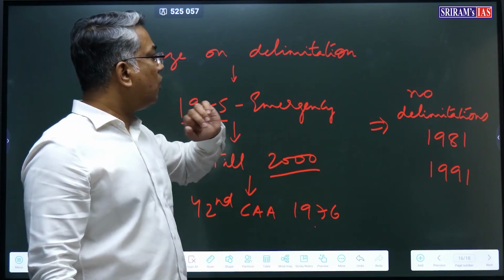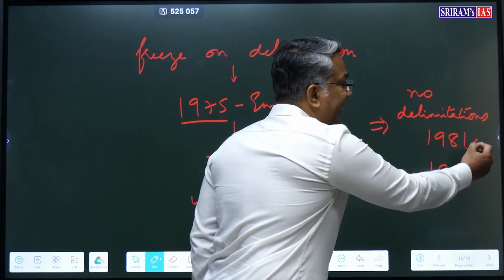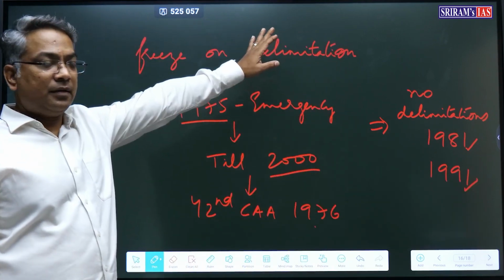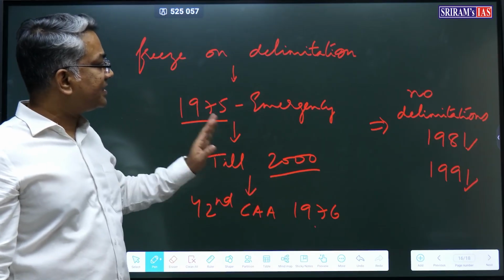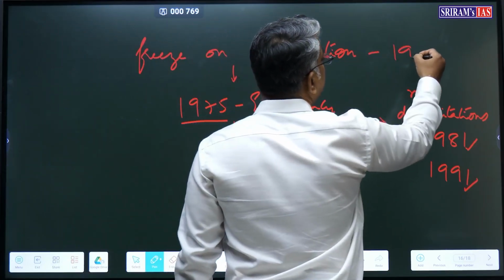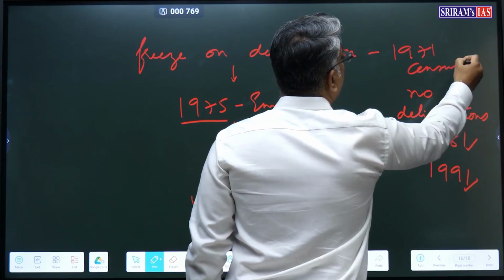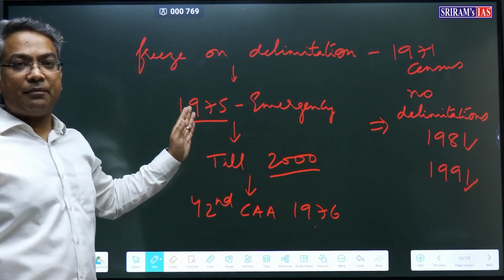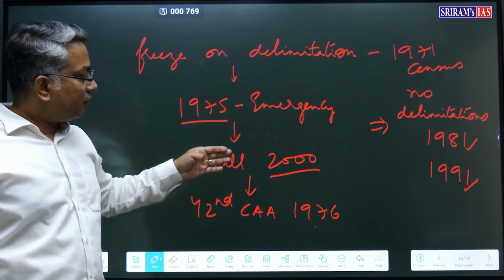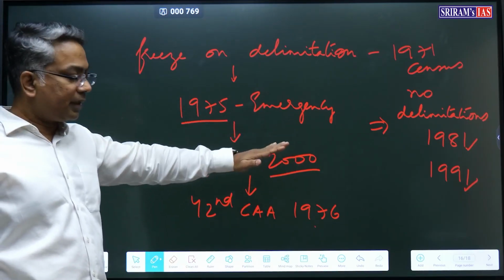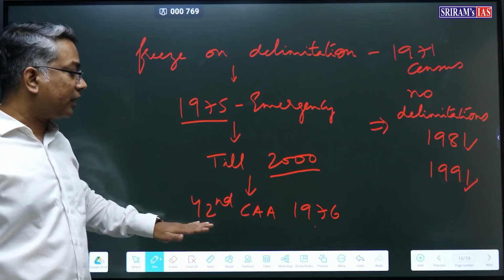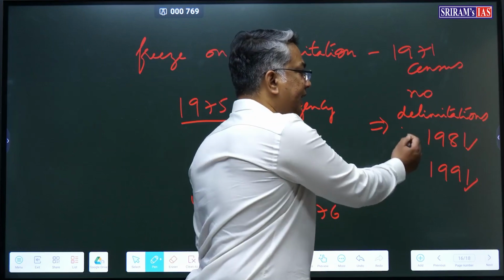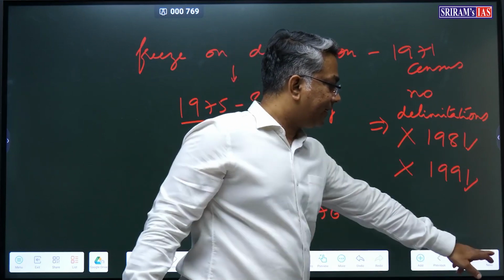So there were no delimitations in the years 1981 and 1991 because of the freeze on delimitation as per the 1971 census.